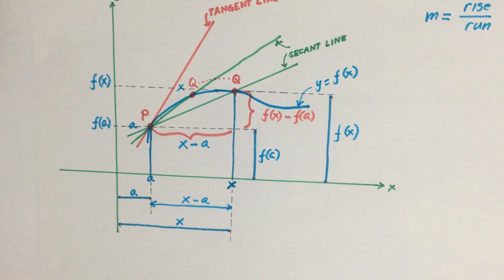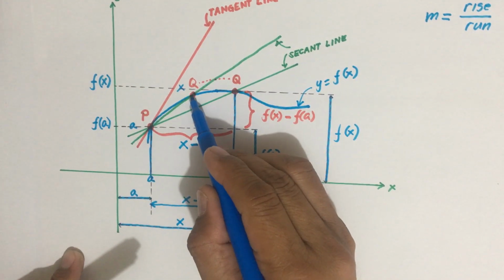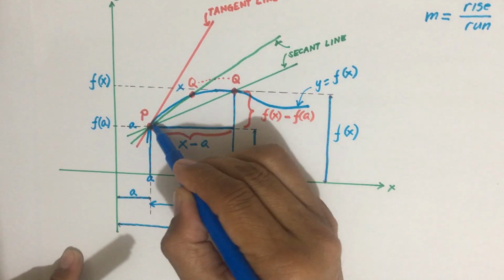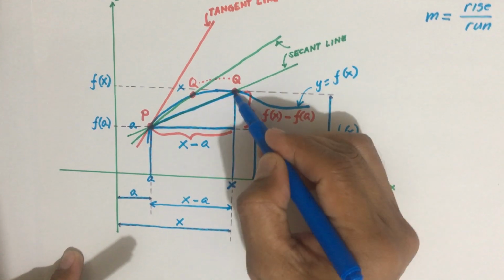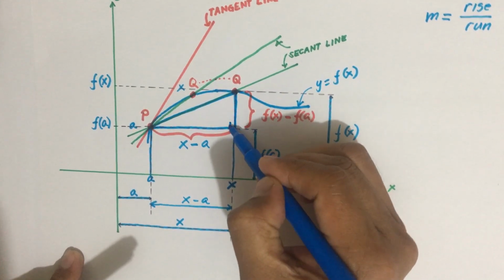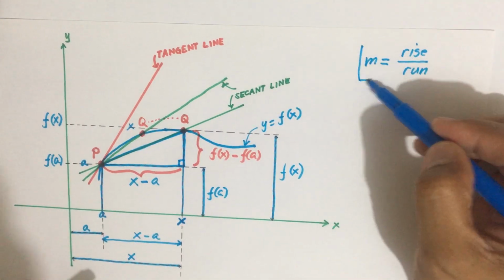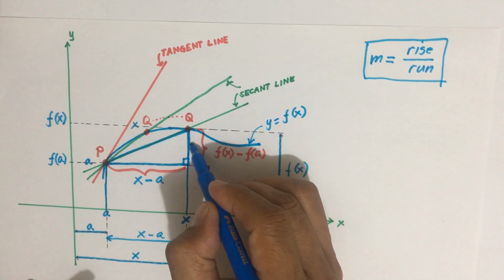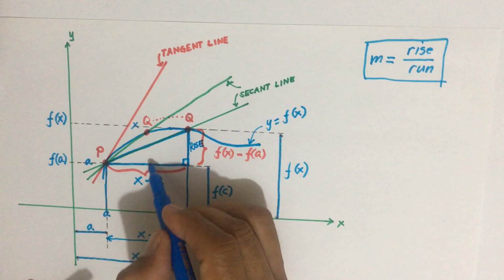Okay, so originally we have this triangle, class. Before Q moves to this new position, we have here the triangle, right? We have formed this triangle. Okay, and we have a definition that slope is just the rise over run. So in this case, this is our rise, and this is our run.